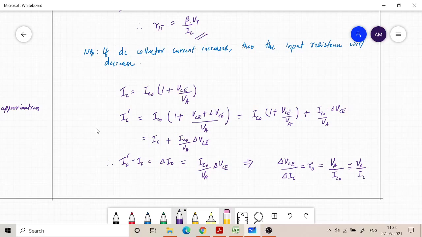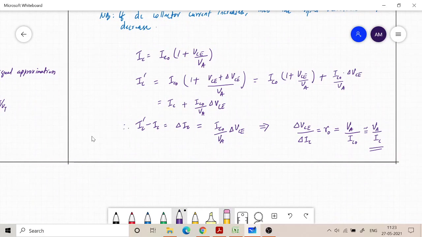IC0 of course depends on VCE, but I am going to take IC0 in this expression as IC itself. There is a small error I will make, but it is not very large. So this is the expression for R0. So what did we get?